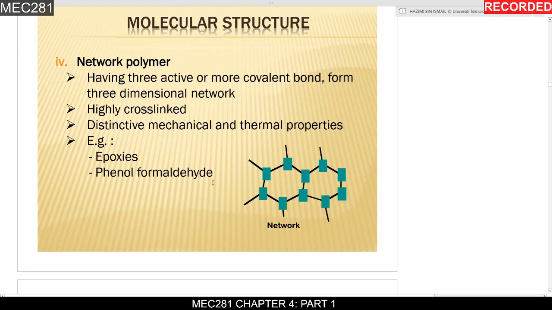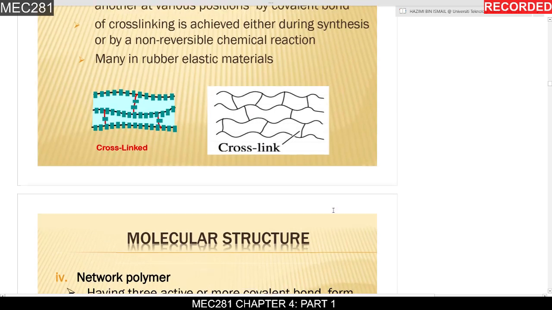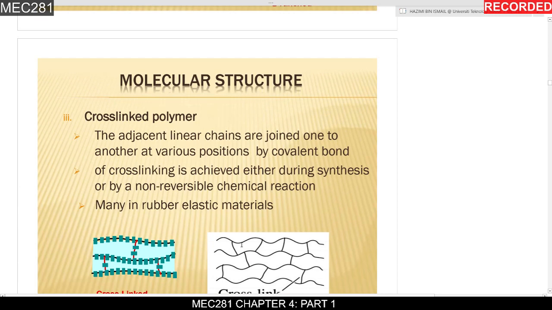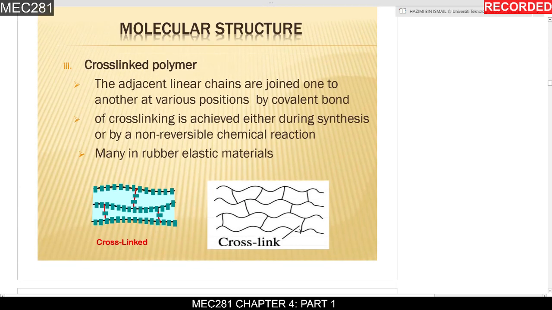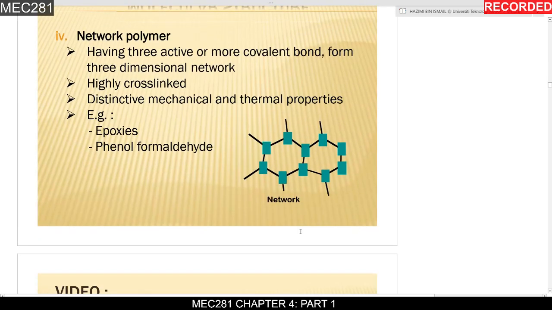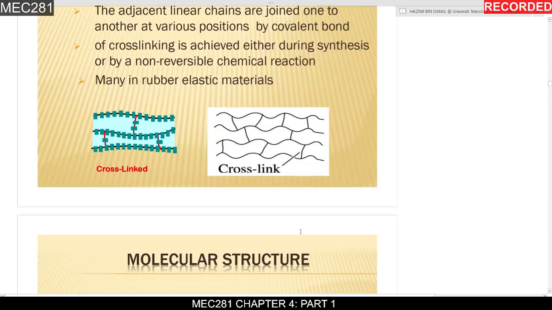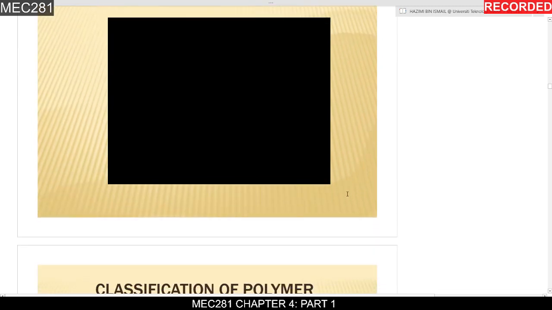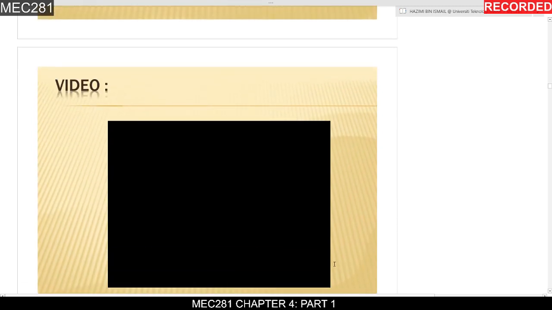Okay, so it has distinctive mechanical and thermal properties compared to the other chains here. In this slide there should be a video, but I don't have a video to show you.